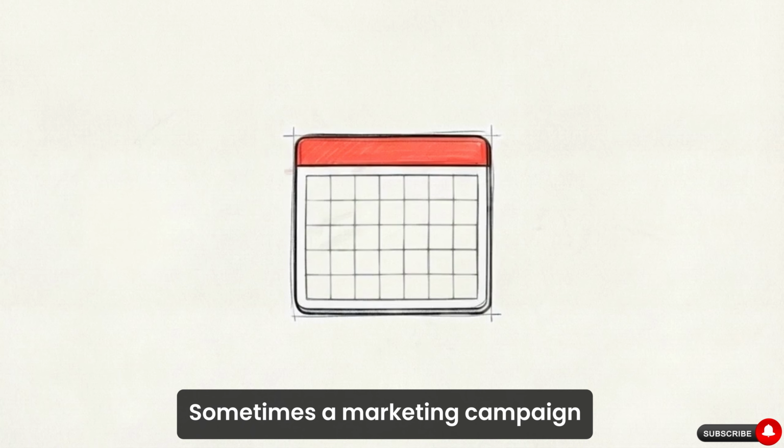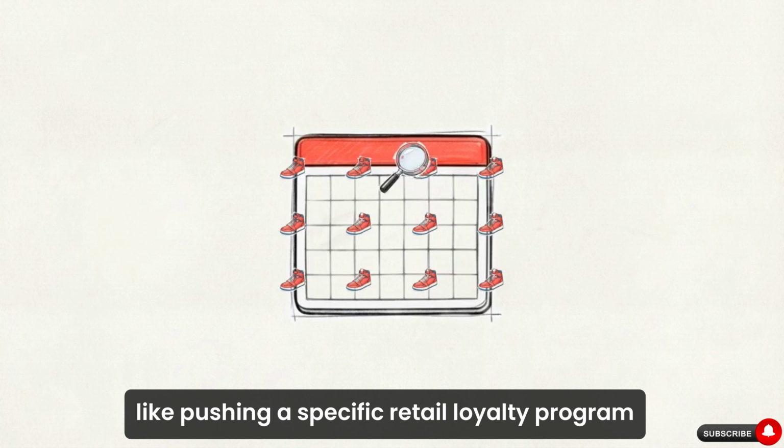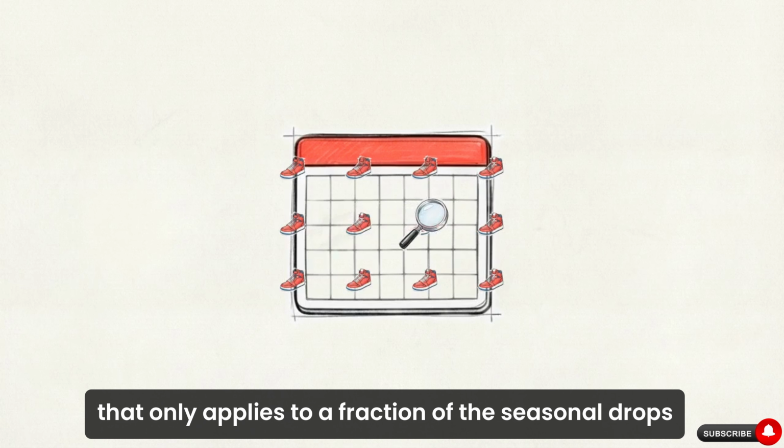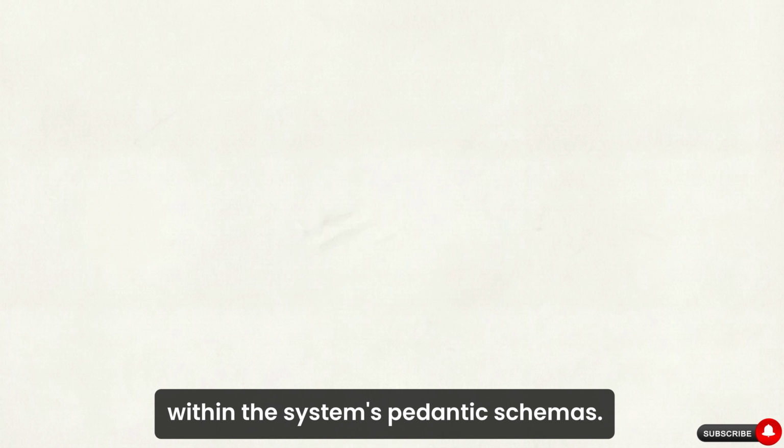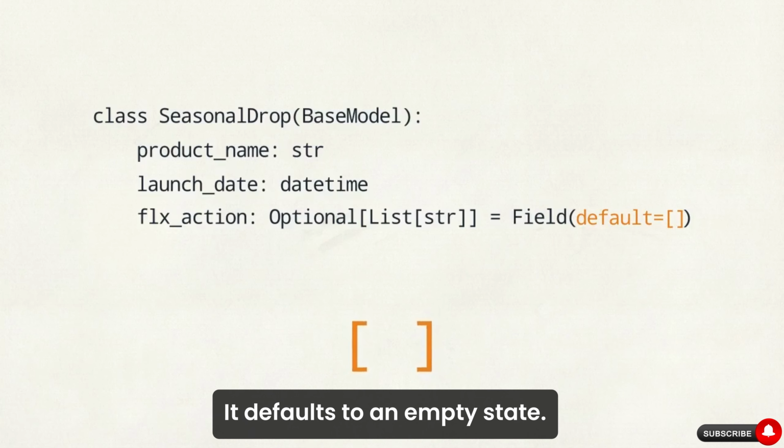Sometimes a marketing campaign needs to trigger a secondary objective, like pushing a specific retail loyalty program that only applies to a fraction of the seasonal drops. Within the system's pedantic schemas, this loyalty action field is mapped as strictly optional. It defaults to an empty state.